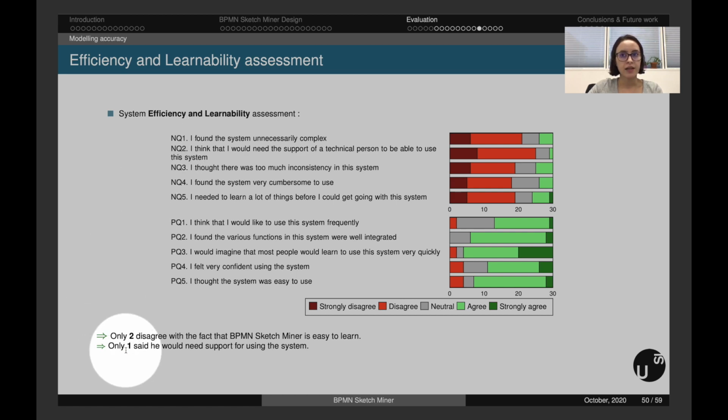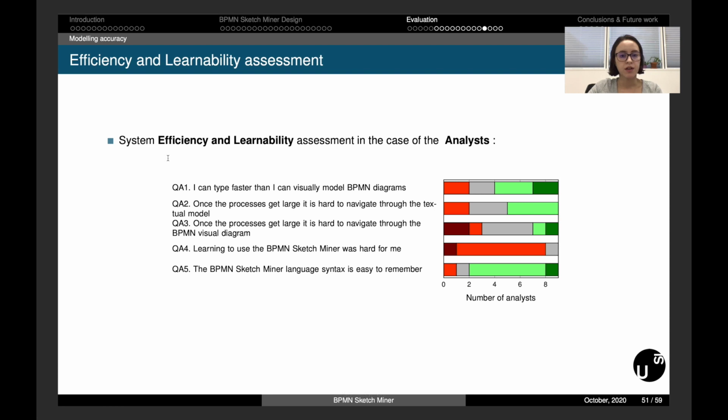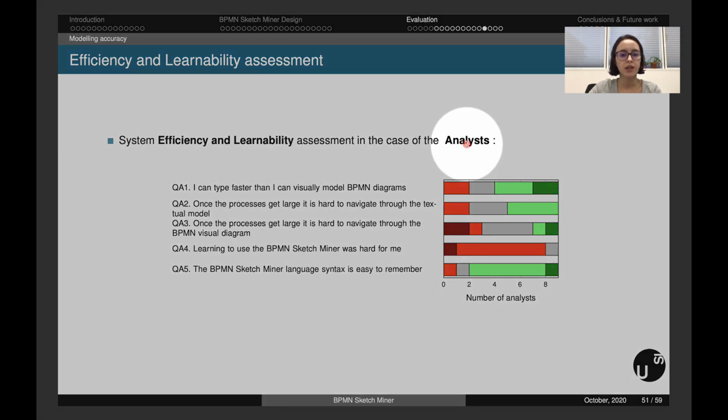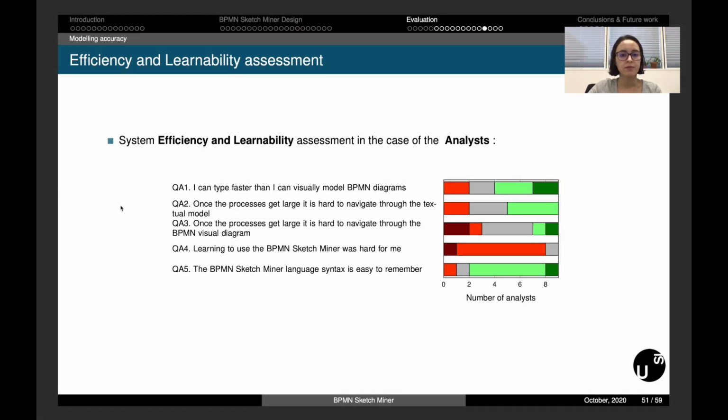We dedicated a special survey for the efficiency and learnability, where we asked students and analysts some specific questions, for example, whether they find themselves able to type faster than visually modeling, where the majority of the analysts agree that they can type faster.